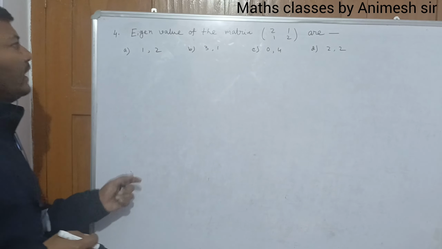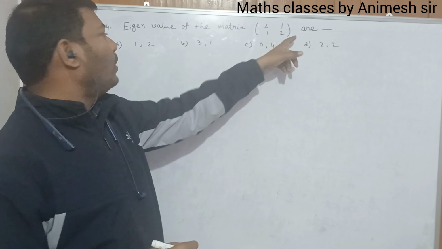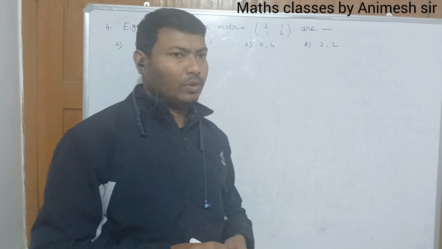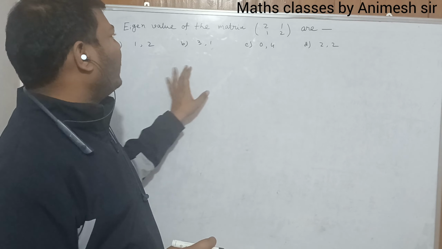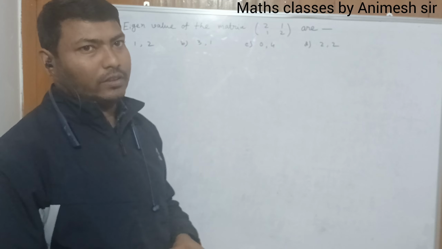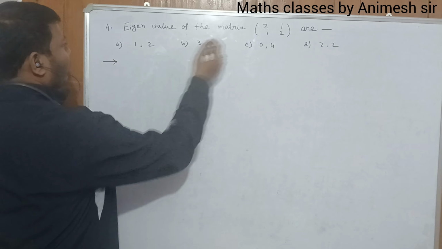Now we are again with another question. The eigenvalues of the matrix [2 1; 1 2] are: 1, 2; 3, 1; 0, 4; 2, 2. Here we are not going to find the eigenvalues directly. Here we are going to use some tricks. Now what will be the determinant of this matrix?